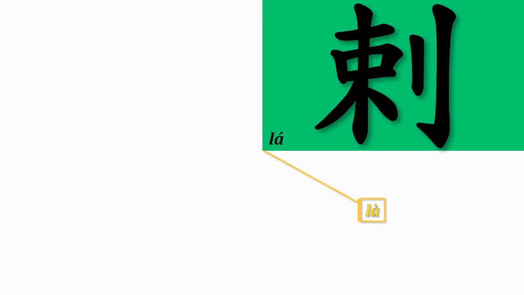It's pronounced second tone la or fourth tone la. The simplest explanation is that it's the character shu from lesson 9, a bundle of firewood. This bundle is being cut open with the knife on the right. It seems to mean to cut or slice open.